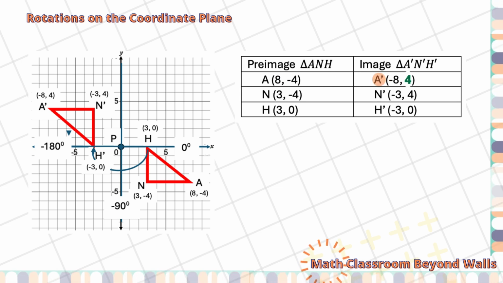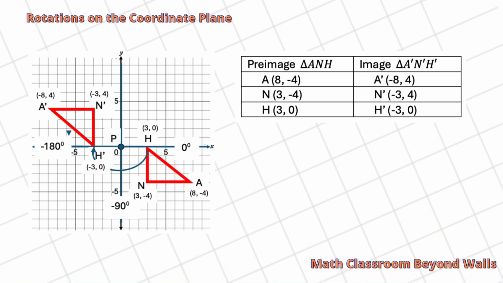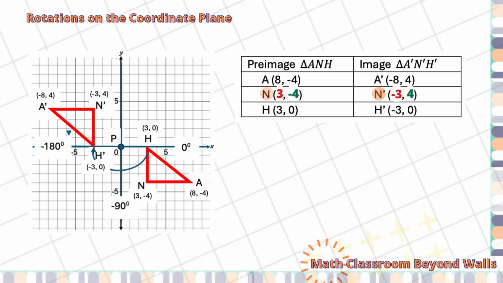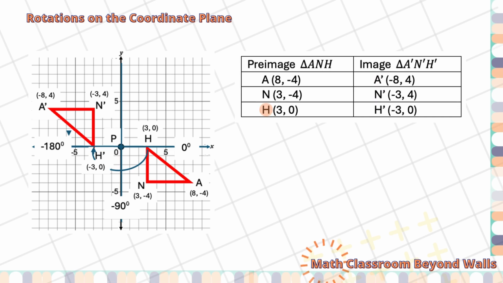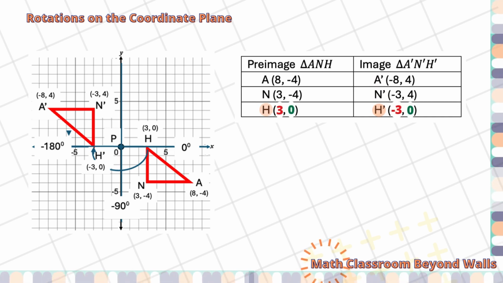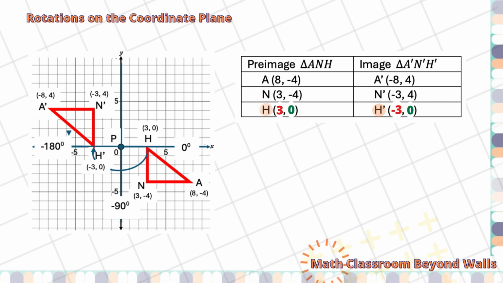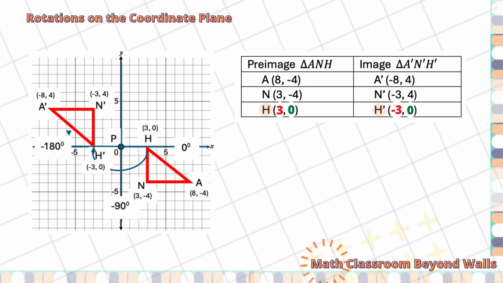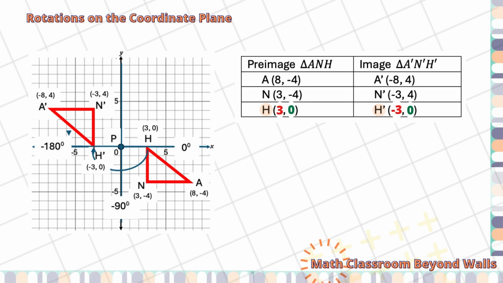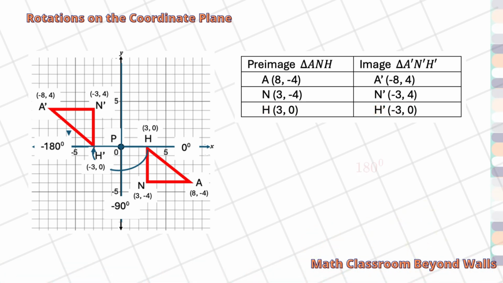These changes are true for all the corresponding points like N and N prime and H prime. From these changes, we can write the transformation rule or the rotation rule for 180 degrees clockwise as.